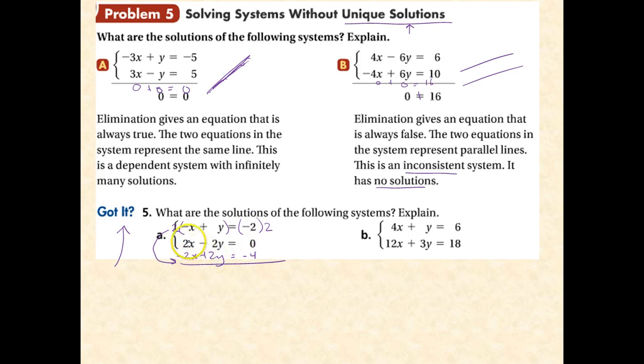Now if I add these two equations, I get 0 plus 0 equals negative 4. 0 equals negative 4. Not in my lifetime. So we have an inconsistent system with no solution.